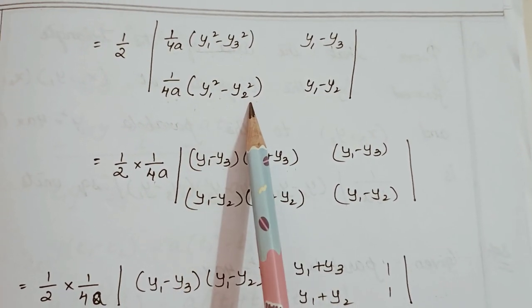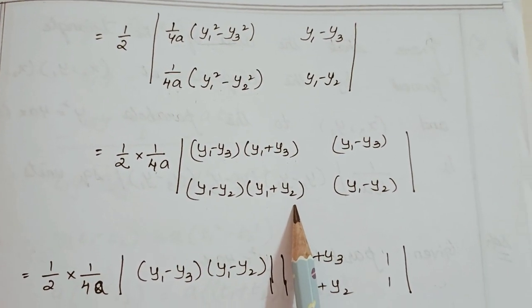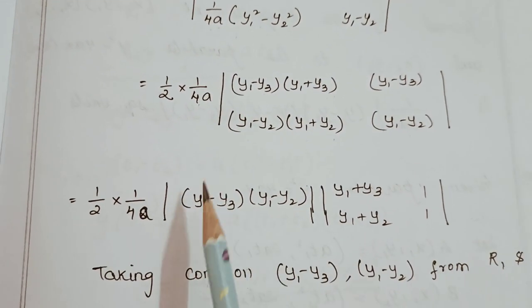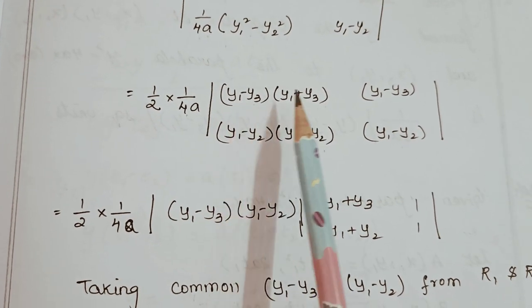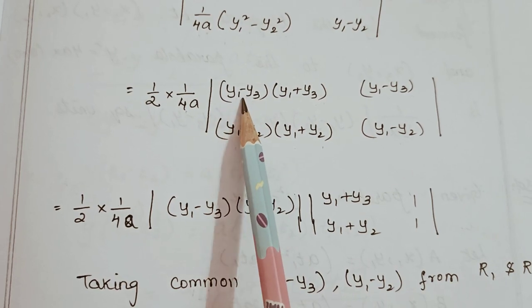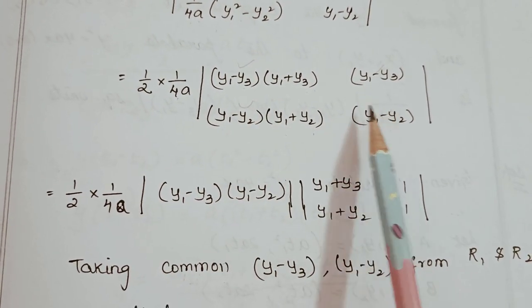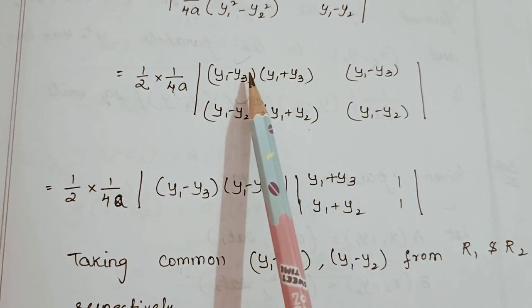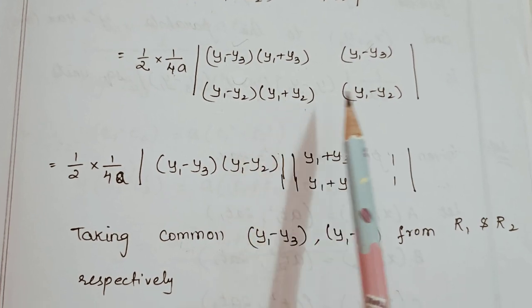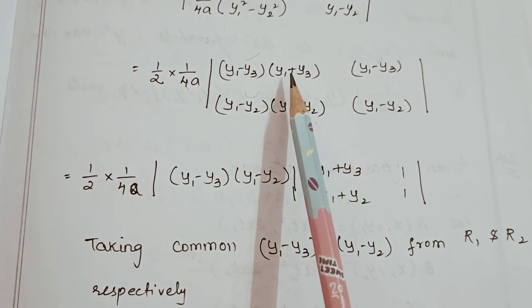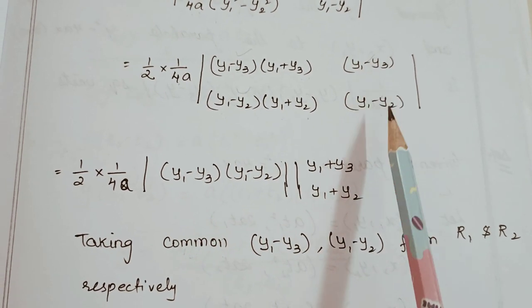Here also a² − b², (y1 − y2)(y1 + y2). Same. Then 1/2 into 1/4a. Here, from this row we can take this common, and from this we can take this common. From R1, that is row 1, we are taking this common, and from R2, row 2, taking this. So you are left with y1 + y3, y1 + y2, and here 1, 1.